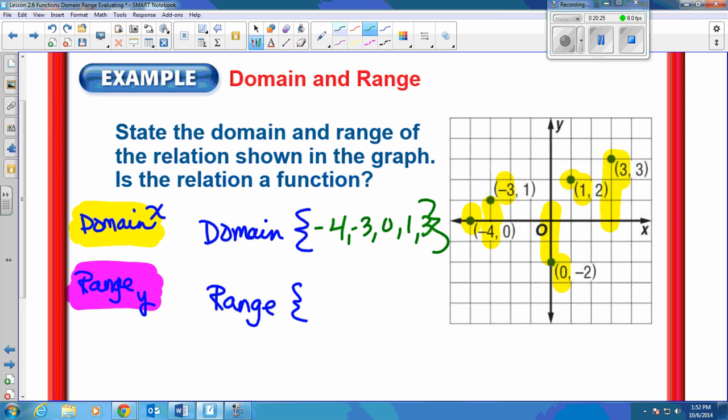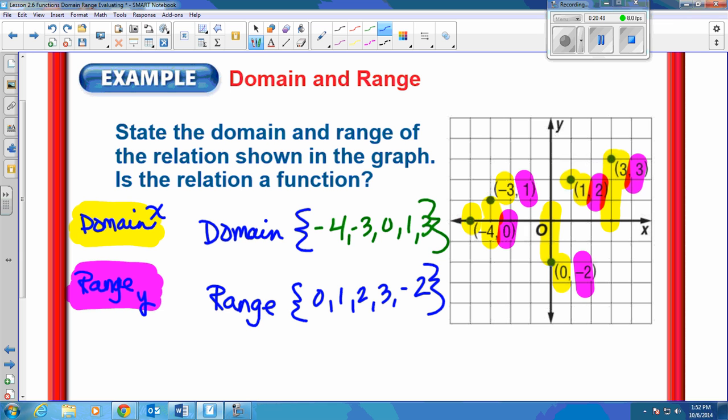I can do the same thing with my range highlighter and highlight all my range values. That would be 0, 1, 2, 3, -2. If I have discrete points, that's probably the easiest domain and range to list.